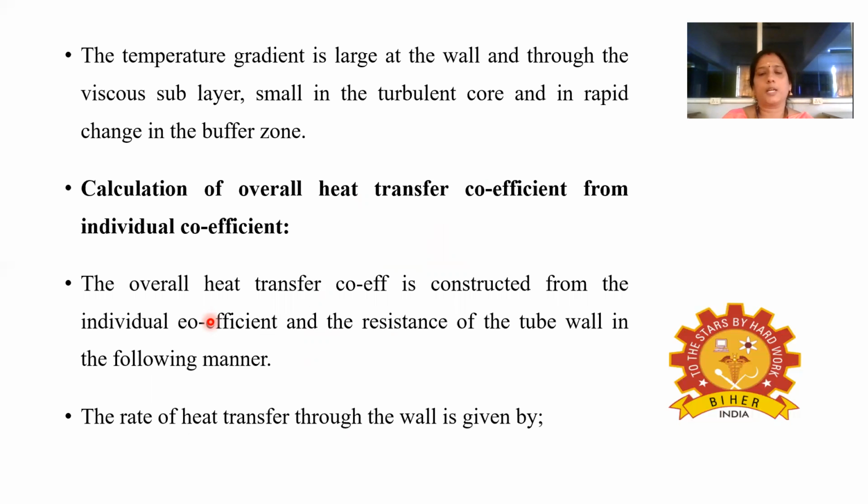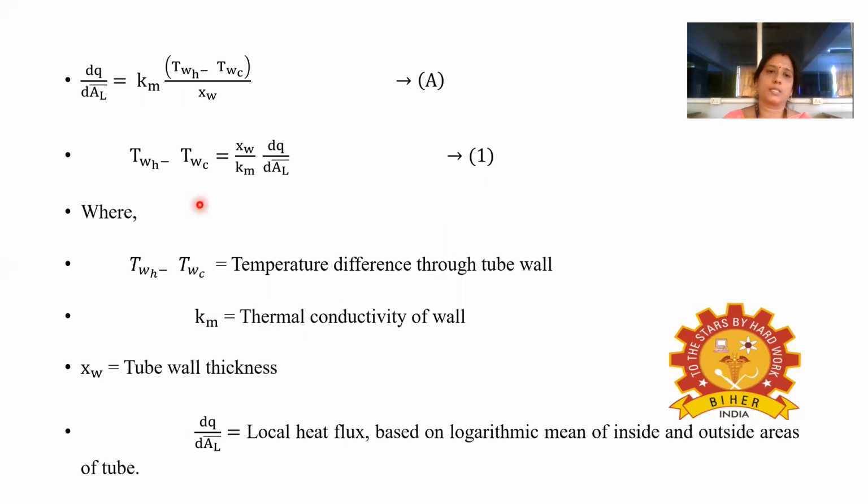Now, the overall heat transfer coefficient is constructed from the individual coefficients, and the rate of heat transfer through the wall is given by dq by dA L bar, because the tube has an inside area as well as an outside area.